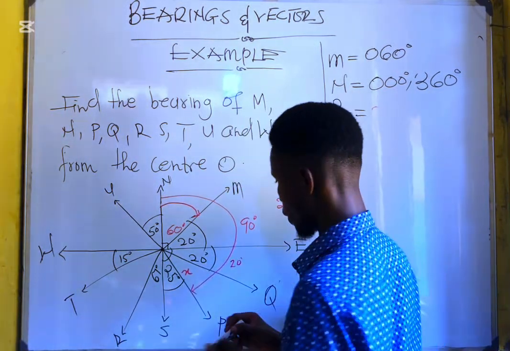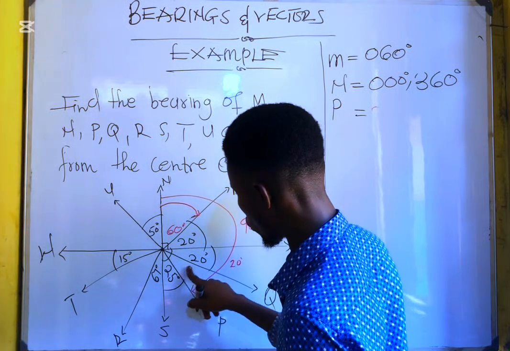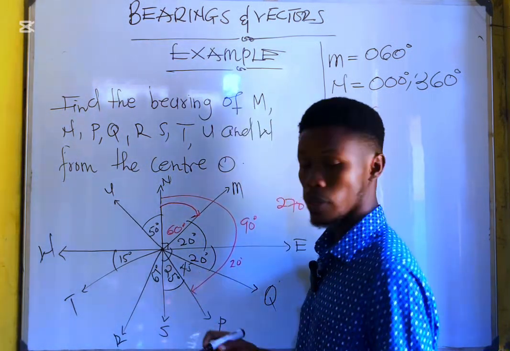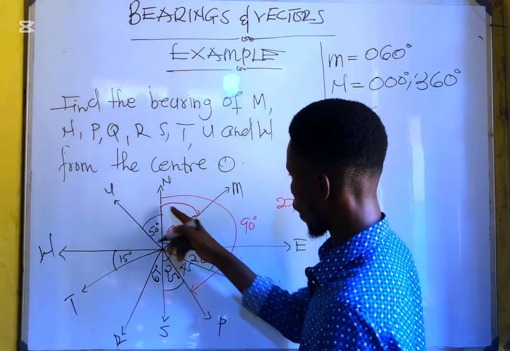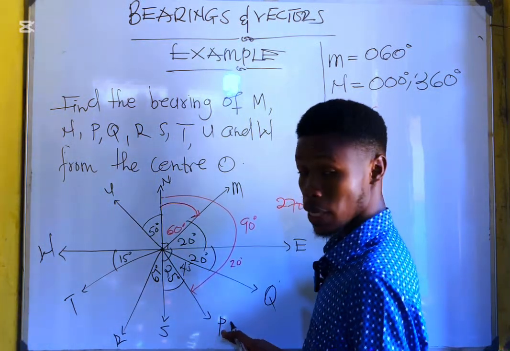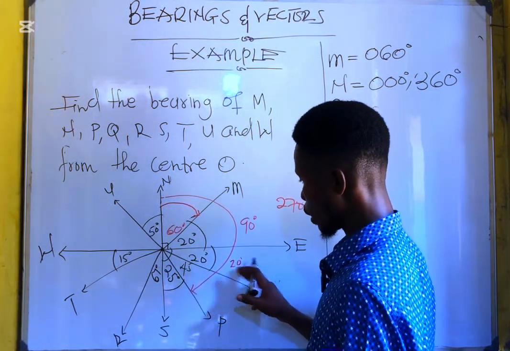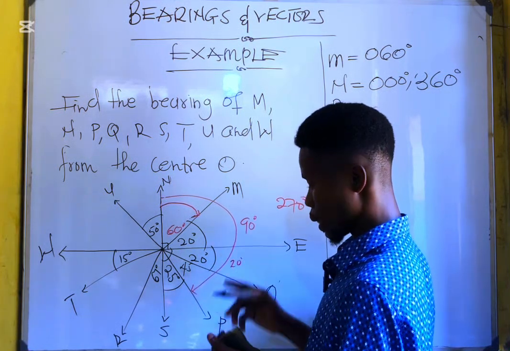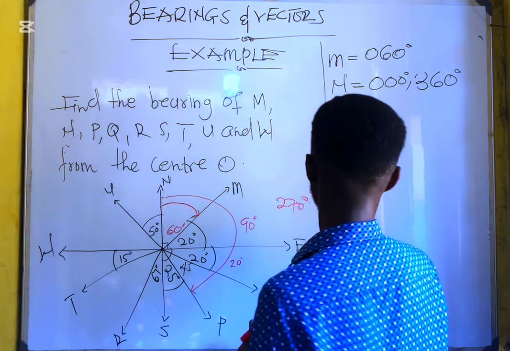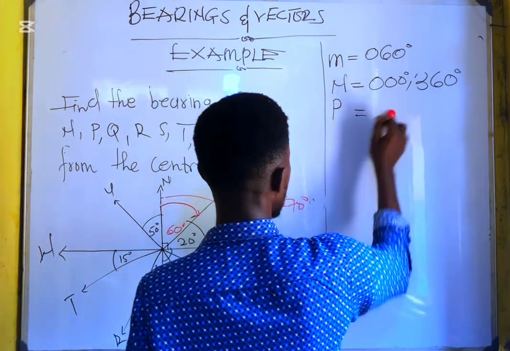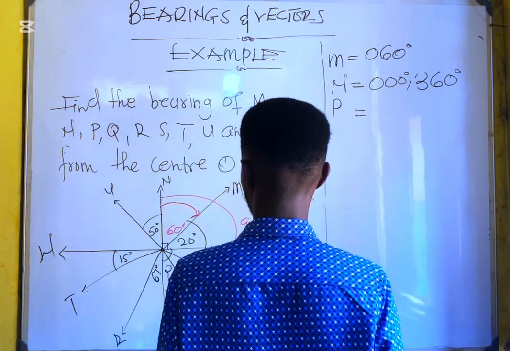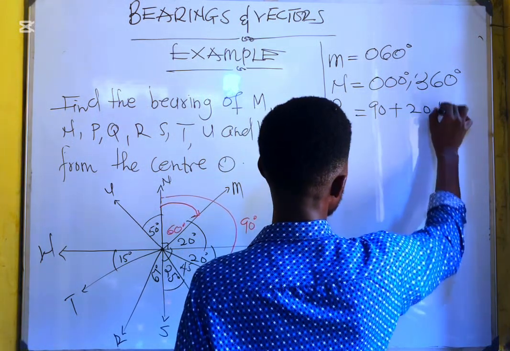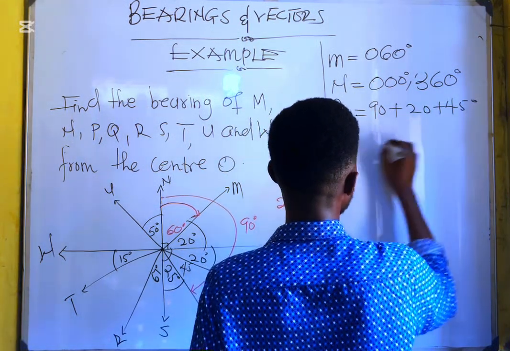So if x is 45 degrees, what is going to happen here is that this place too will be what? 45. So that if you add 1, 2, 3, we get what? 90. But we are interested from north to where the P is. So that will be 20 plus 45 plus the 90 here will give us what? The answer. So we are going to have 90 plus 20 plus 45.